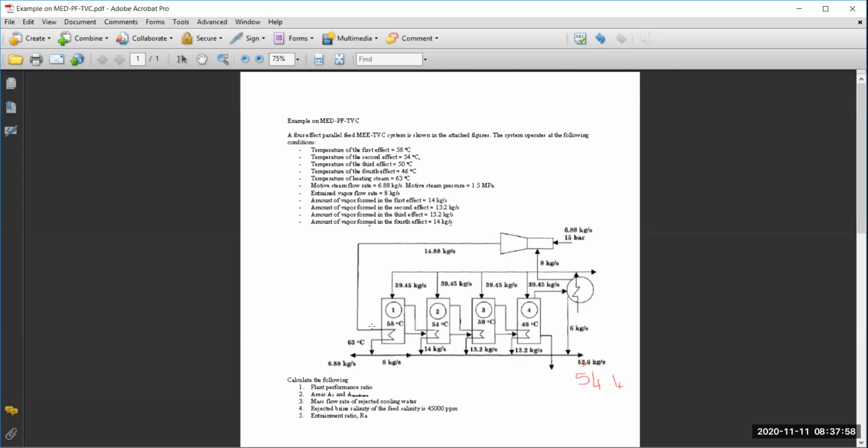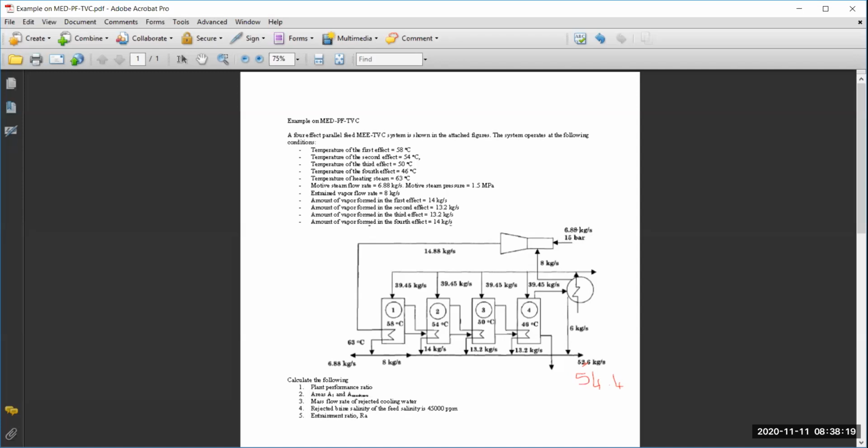Actually, in our case, it will be the motive steam, because we are borrowing the motive steam from the power plant, which means that our PR is going to be the ratio between the total productivity of the system and the motive steam that we are using. So this is the first thing.